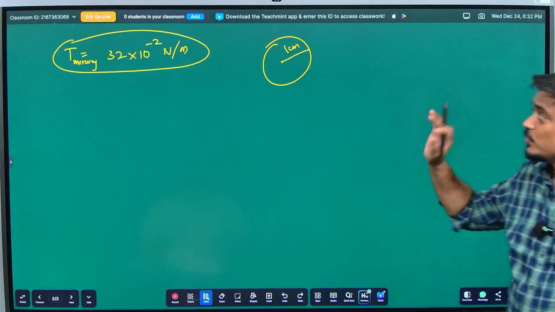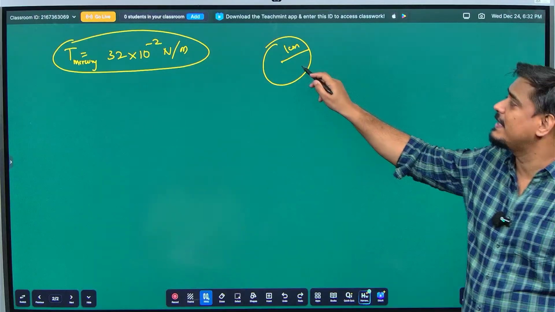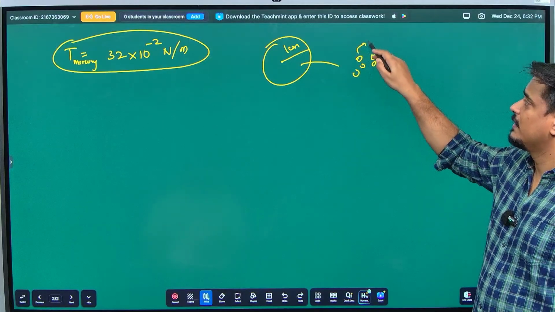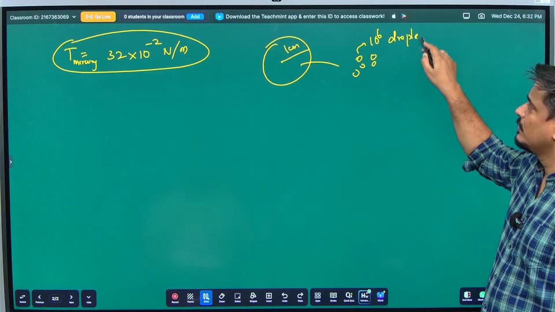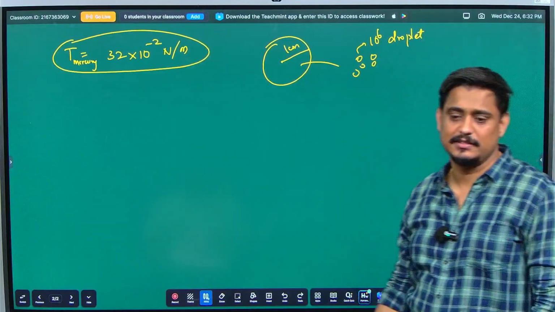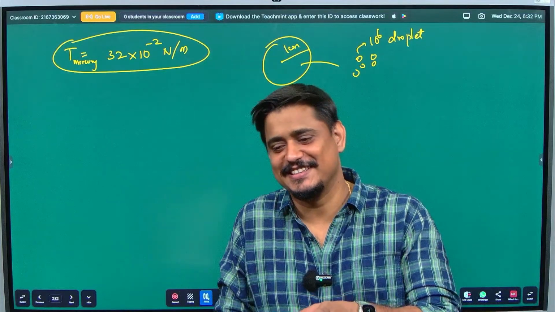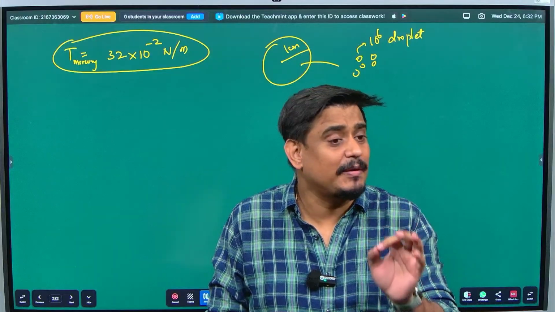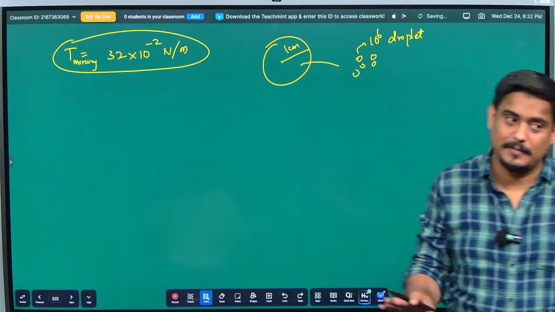I cannot draw 10 lakh, 10 to the power 6 droplets. 10 lakh means 6 zeros; 5 zeros is 1 lakh. So 10 to the power 6 small drops, but radius not given.